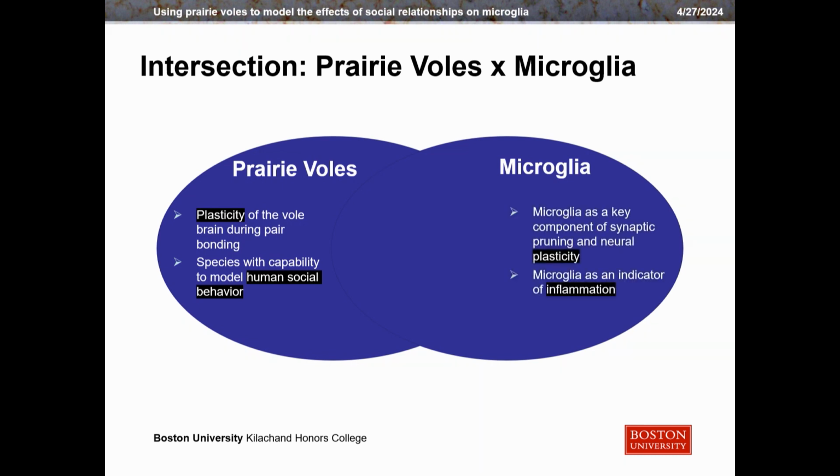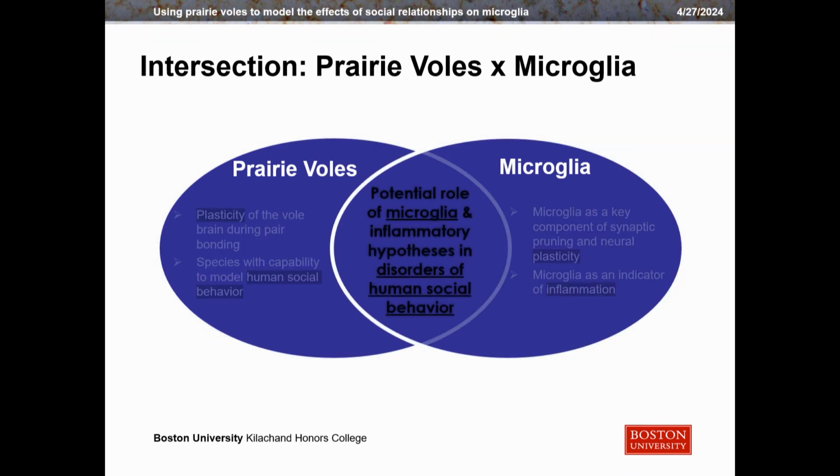Microglia are a cell type that are a key component of synaptic plasticity. Additionally, they're an indicator of inflammation in the brain. So where does the intersection lie? The intersection lies in this potential role for microglia in inflammatory hypotheses of disorders of human social behavior.